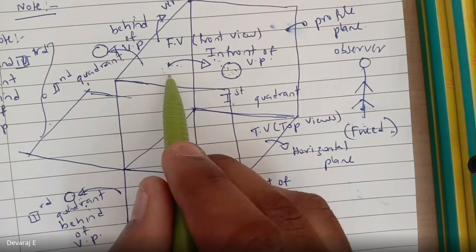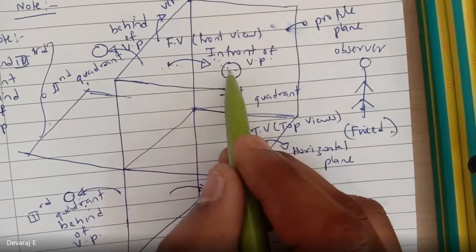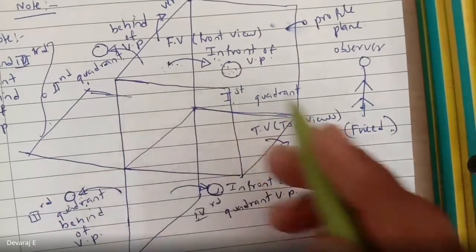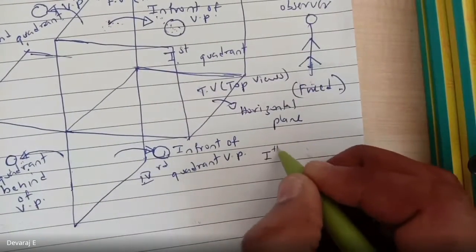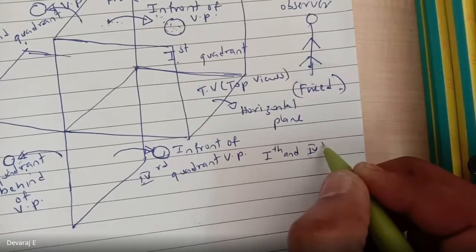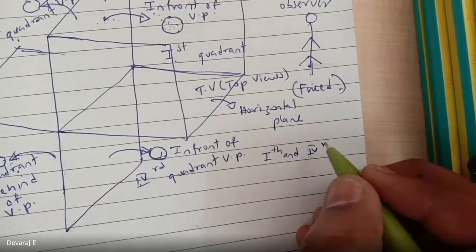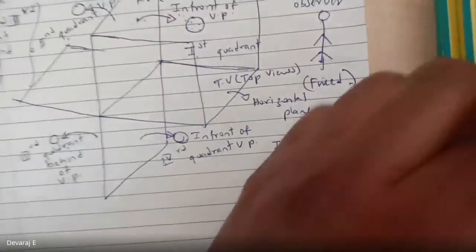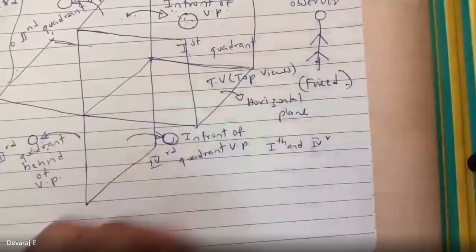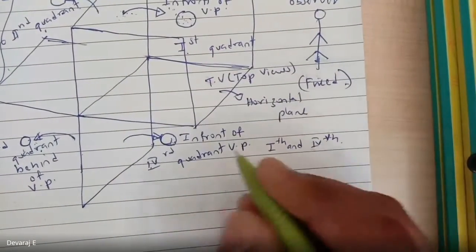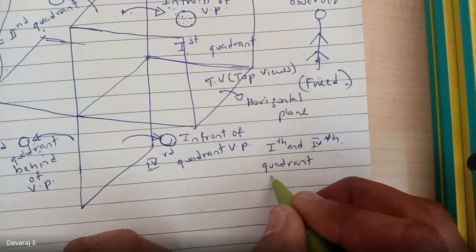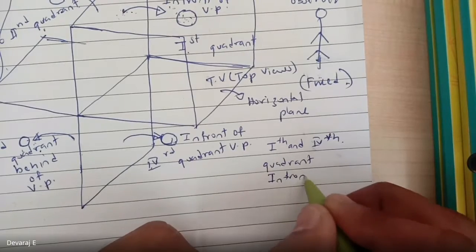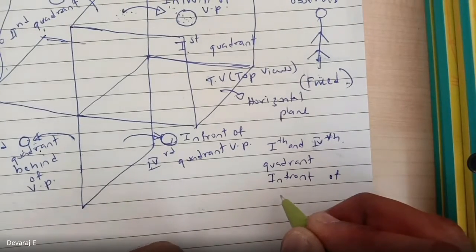So always remember that the first quadrant and the fourth quadrant system are in front of VP, the vertical plane.